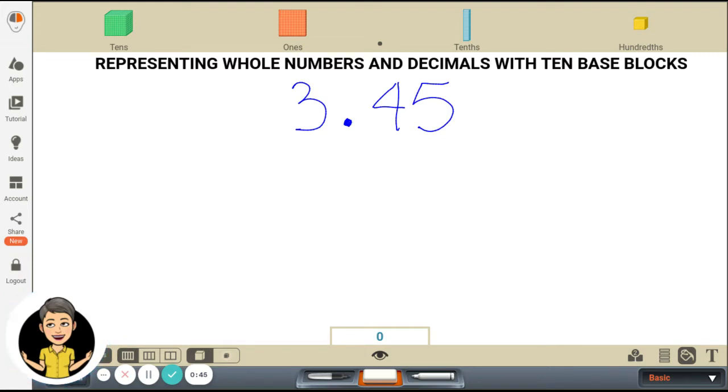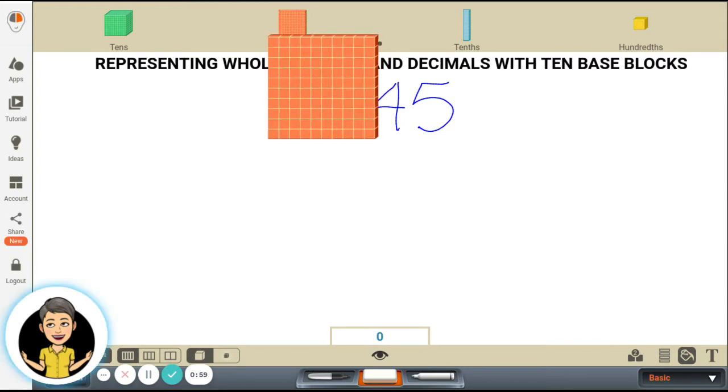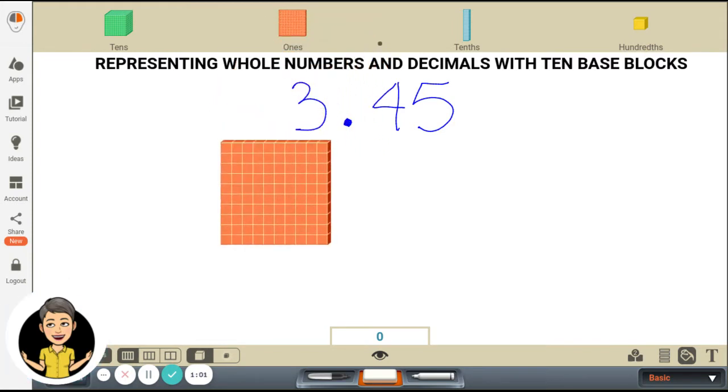The way we're going to use base 10 blocks to represent this number is as follows. If you notice, from the decimal point to the left, we have whole numbers. So this square has 10 bars, and 10 bars of 10 together represent one whole.